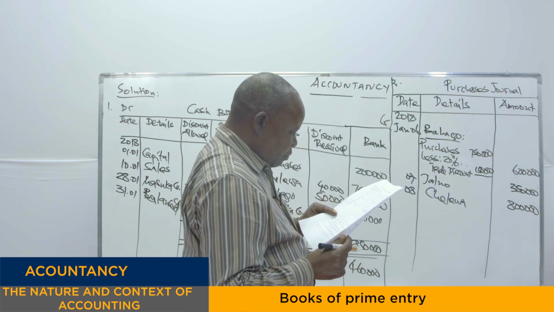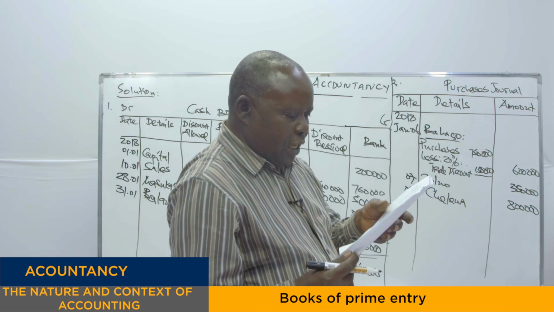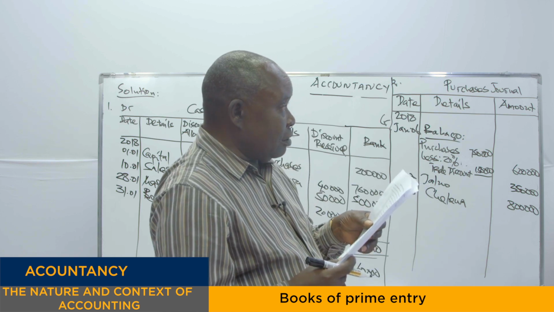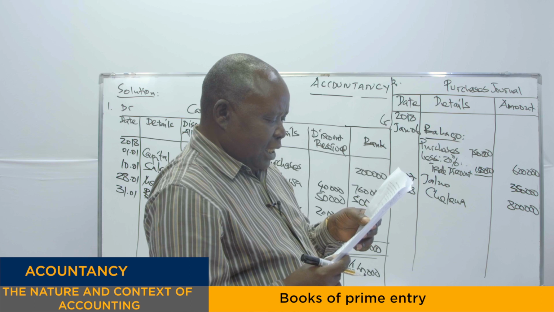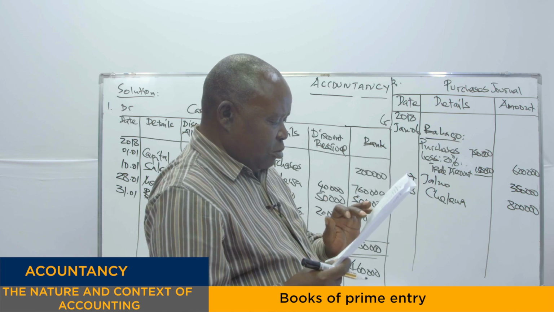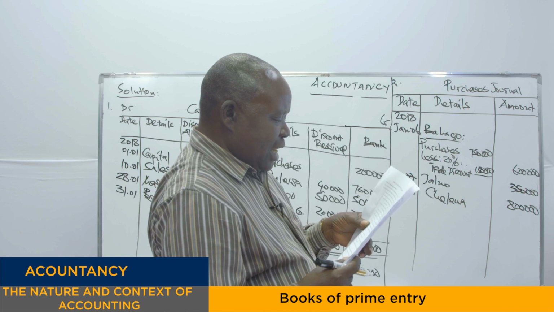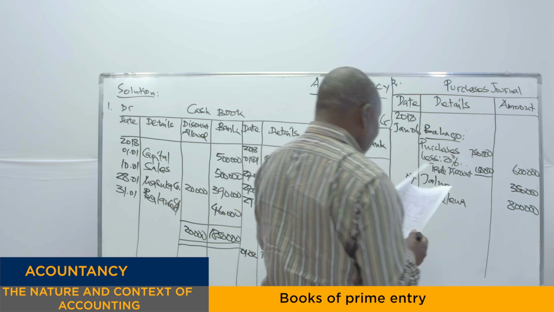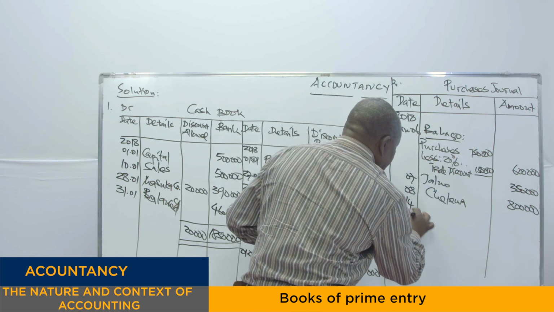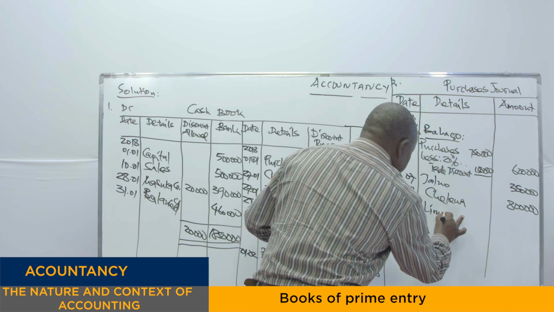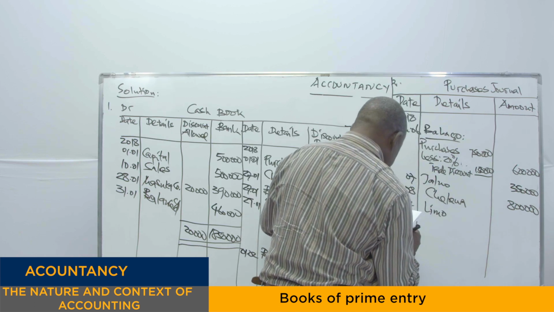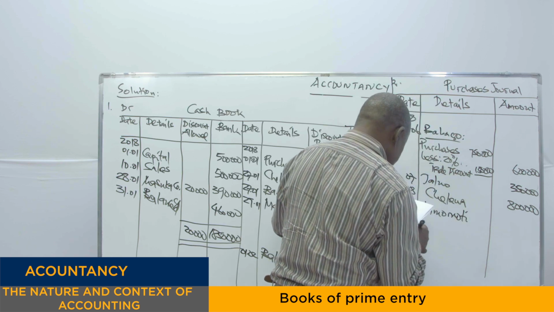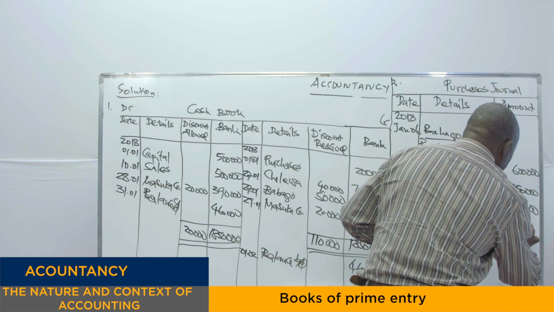Then on the 14th, we bought goods on credit from Limomoti, 700,000. Now, there's no trade discount in this transaction. We just bought goods on credit from Limomoti, 700,000. So we just write here 14th, Limomoti, 700,000.